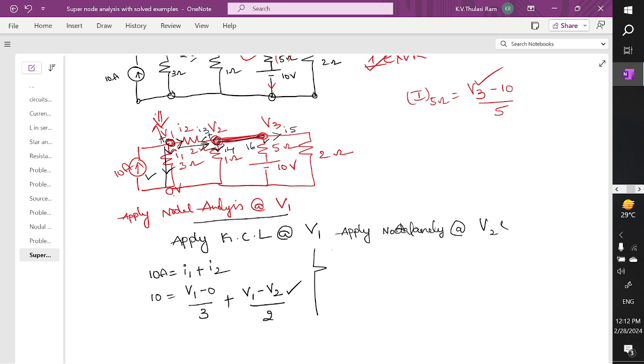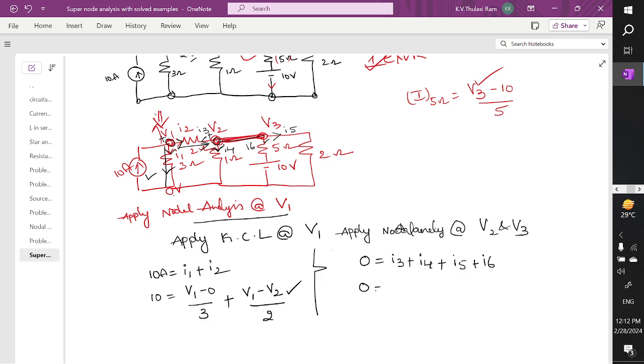V2 node and V3 node. Why? Because both are shorted. So what are the leaving currents? There is no entering current, but as per our assumption, all the currents will leave. That is 0 entering current, and the leaving currents are I3, one leaving current; I4, one more leaving current; I5 is one more leaving current, and I6 is one more leaving current.